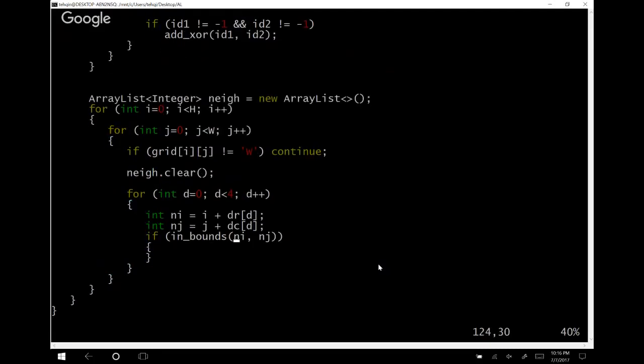Okay, so I have to make sure I'm in bounds, and I also have to make sure that my adjacent cell is black.